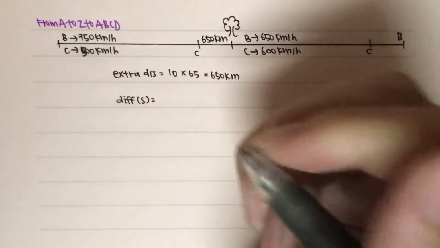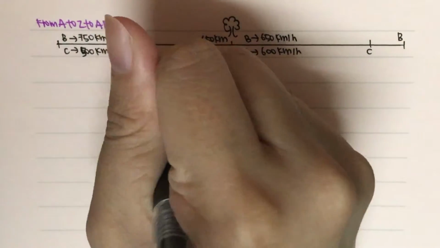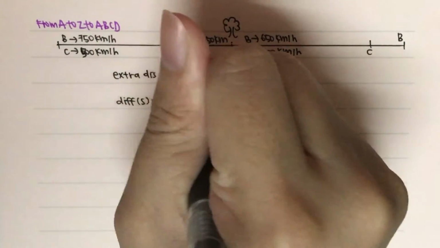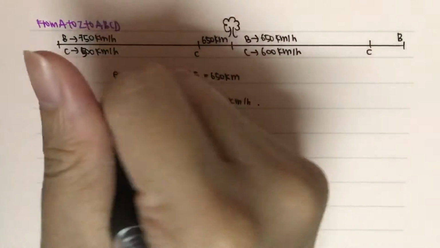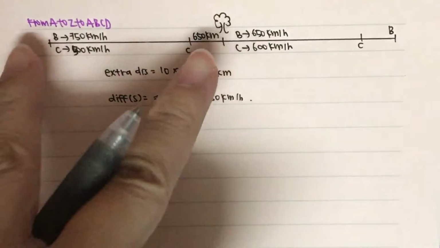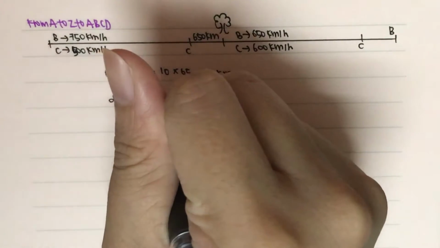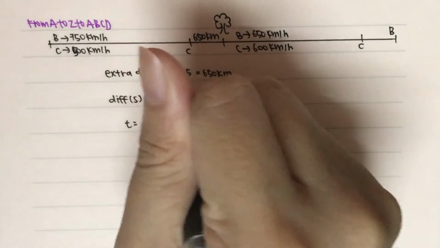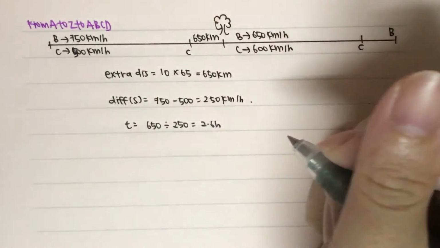We are going to find the difference in speed. This is referring to the first part of the journey before the cotton candy tree. 750 minus 500 gives us 250 kilometers per hour. Therefore, the time taken for Biscuit to finish this part of the journey will be equal to the distance required to catch up divided by the distance that they catch up every hour, and this will give us 2.6 hours.